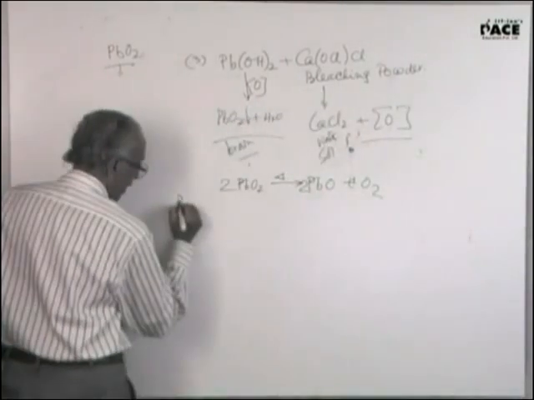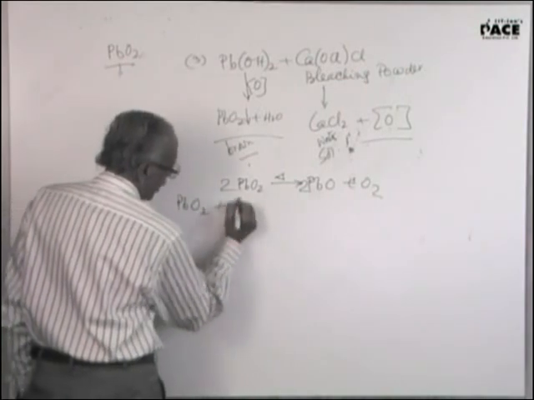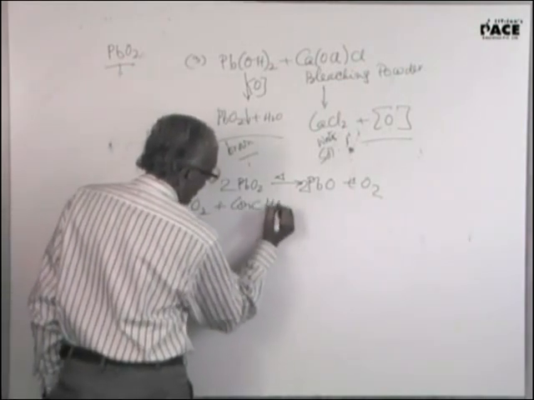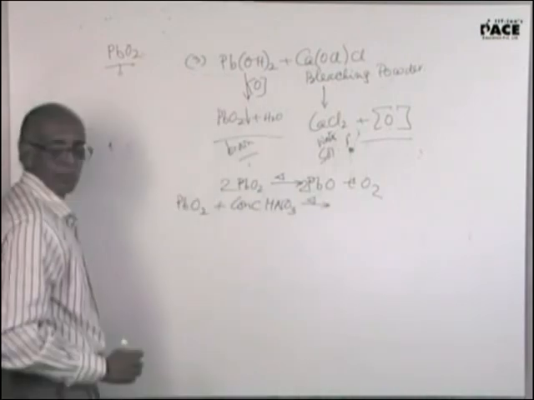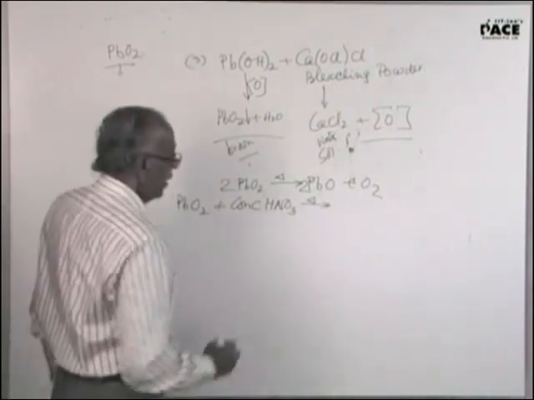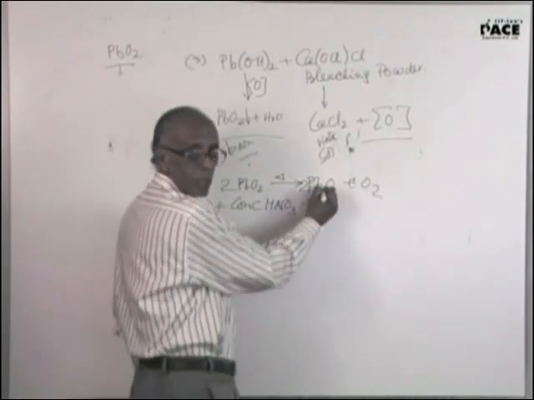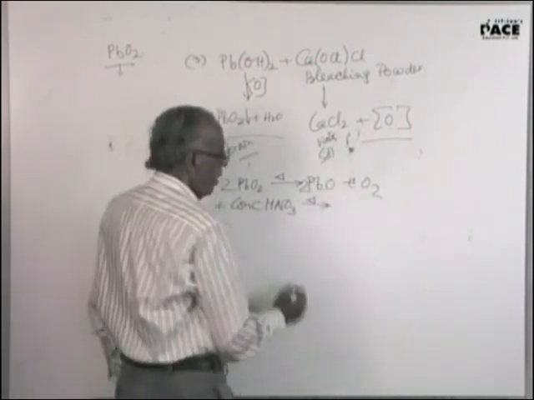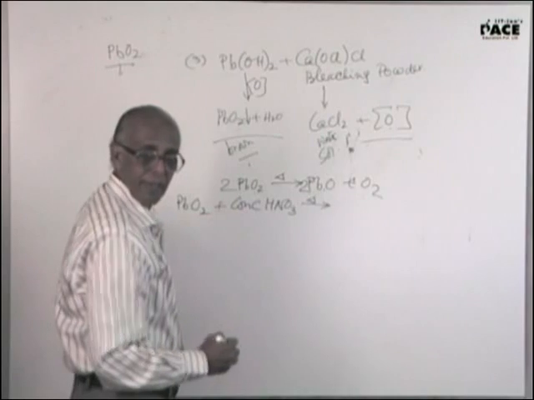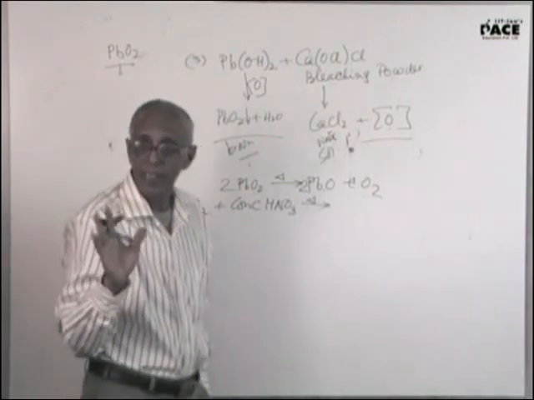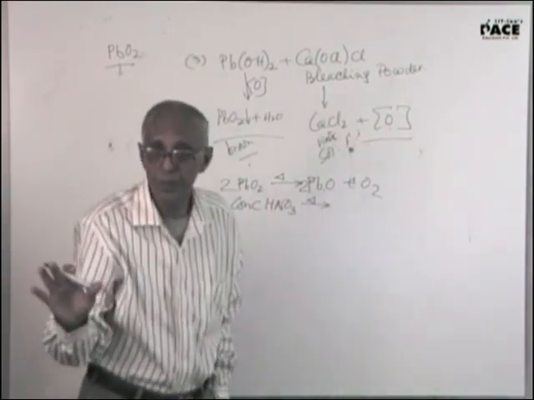So when you heat lead dioxide with concentrated nitric acid, what do you get? Lead dioxide will change to lead monoxide and oxygen. You will not get nitrogen dioxide, no brown fumes.